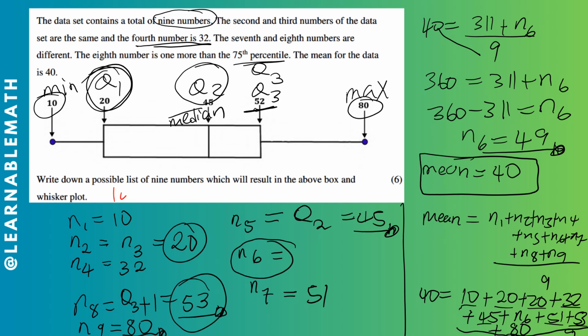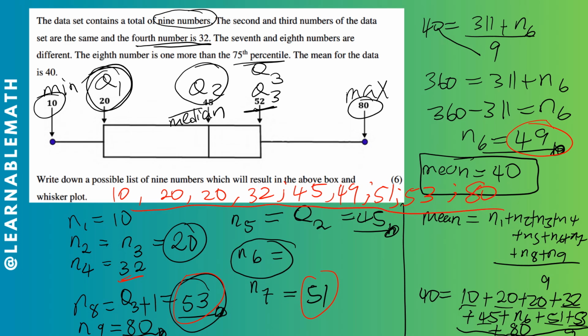We have 10, 20, 20 (that is number 2 and number 3), number 4 we have 32, number 5 we have 45, number 6 we just calculated, it is 49, number 7 we have 51, number 8 we have 53, number 9 we have 80. So this will be the list of the data set.